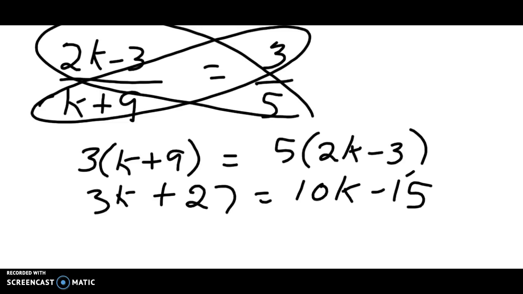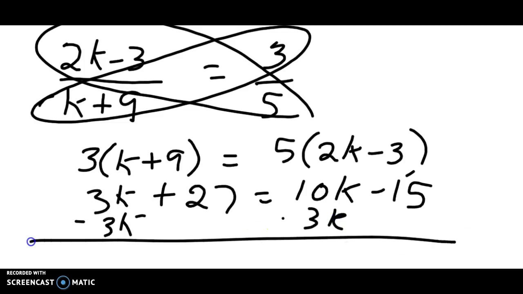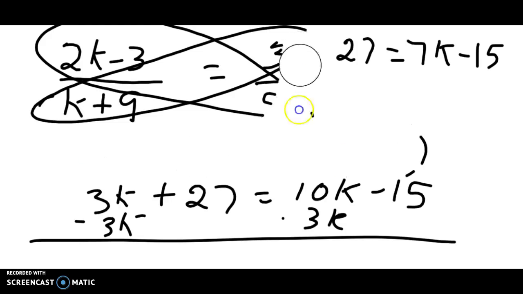Get your variables together on one side, so I'm going to subtract 3k. And then I get 27 equals 7k minus 15. Let's just double check. All right, let me erase this part here so I have some room.